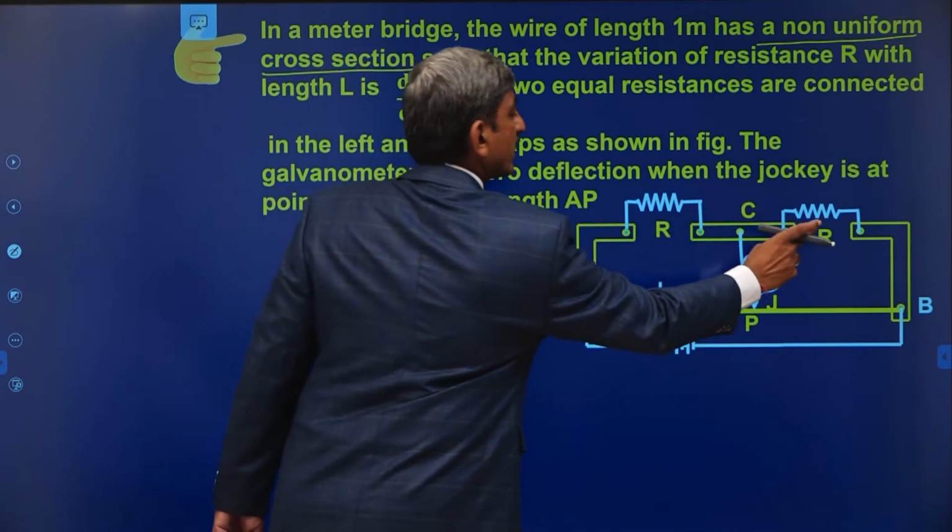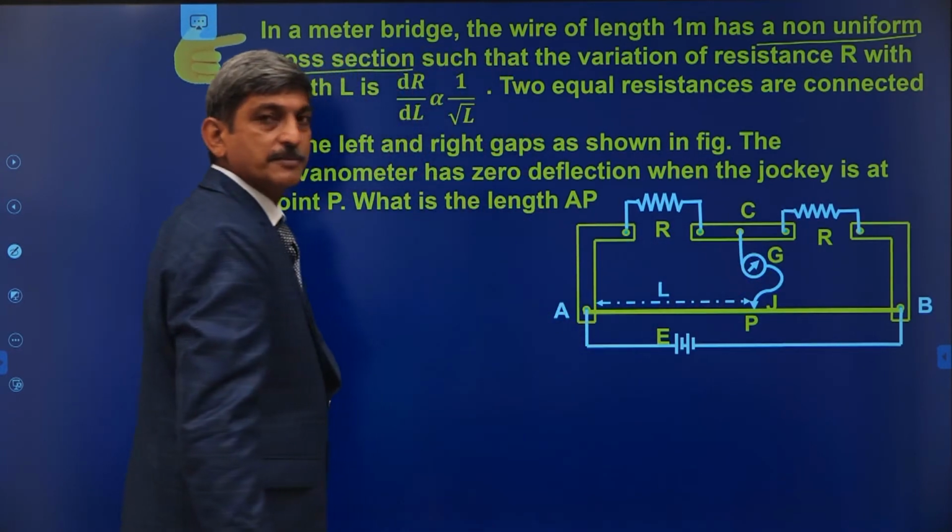Here, two equal resistances R and S are connected in the left and the right gaps.